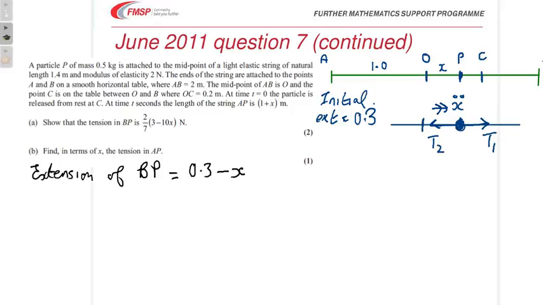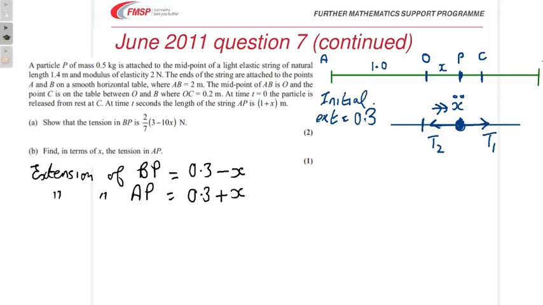So if you moved x towards B, the extension of that portion of string is now 0.3 minus x. And the extension of AP: it was extended 0.3 in AO. Moving across another distance x means the extension now is 0.3 plus x for AP.